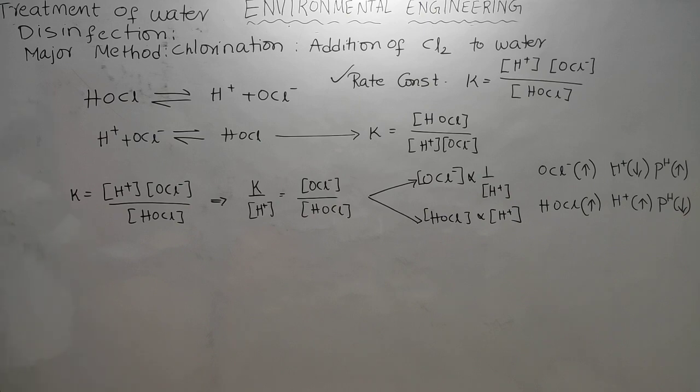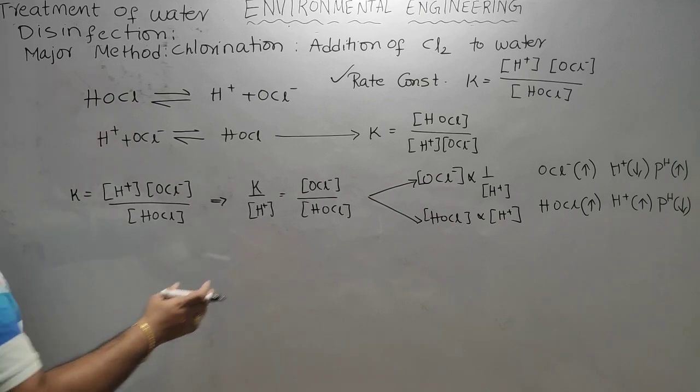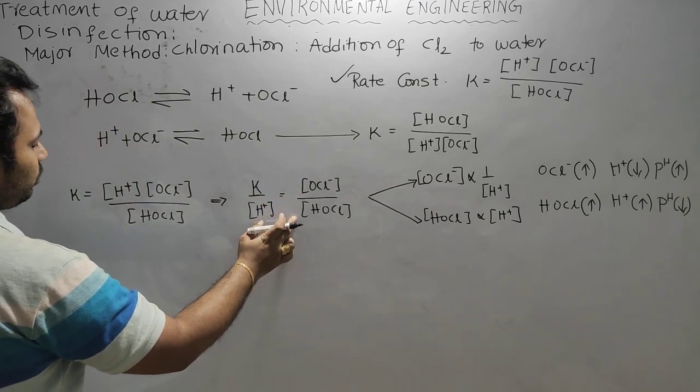Okay, so from here I can write the percentage HOCl. So this is the ratio of OCl minus and HOCl.